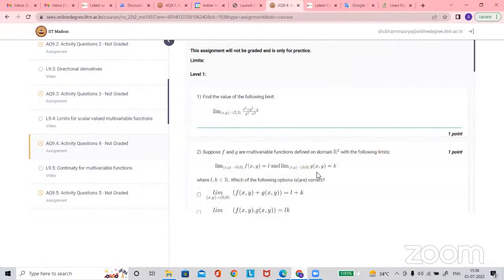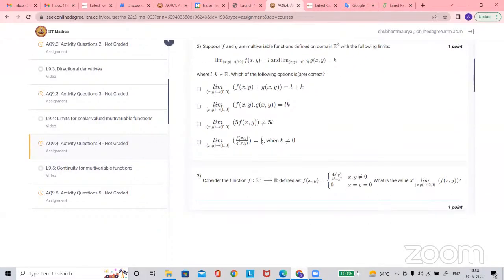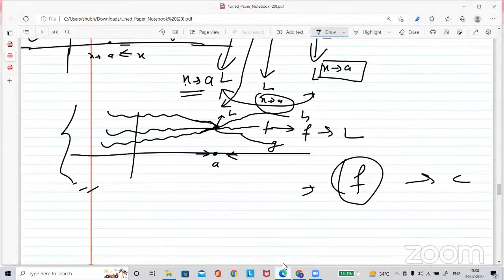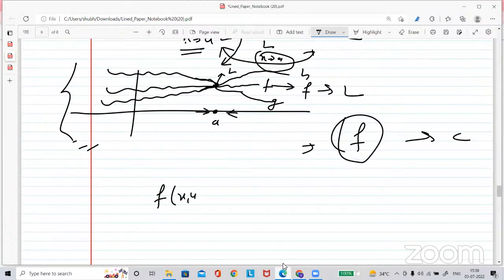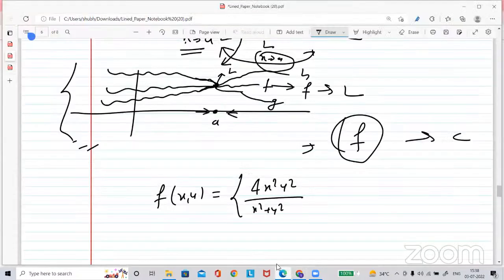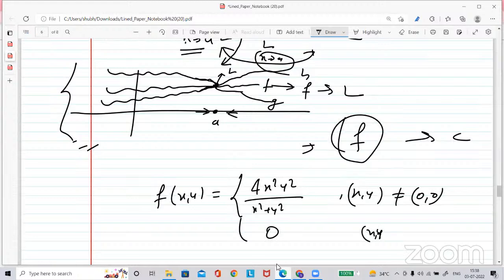In this activity, we have one question, the third one. We have a function, which is piecewise. What is that function? f of x, y is equal to 4x squared y squared upon x squared plus y squared when x and y are not 0 simultaneously, and 0 when both are 0.